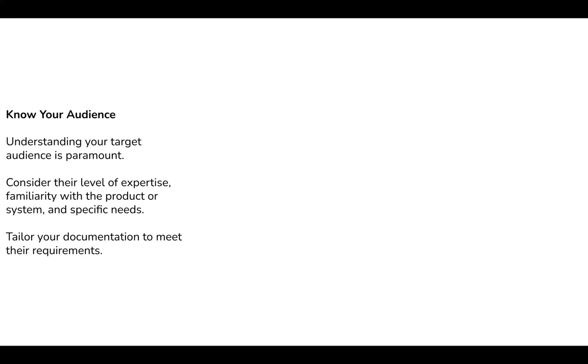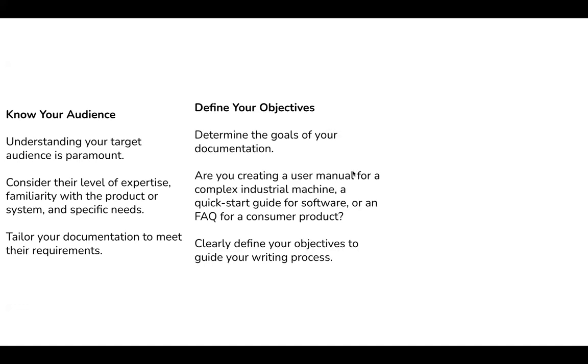So you need to consider their level of expertise, familiarity with the product or system, and specific needs. We talked about this in the audience analysis class. Tailor your documentation to meet their requirements or their needs, right?